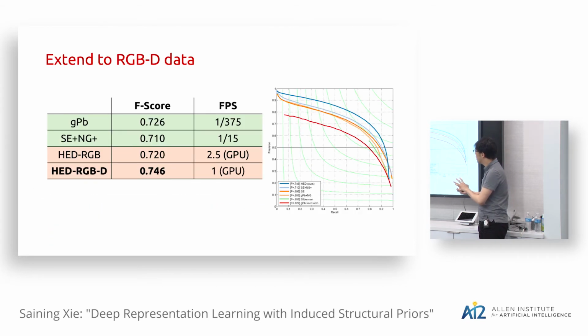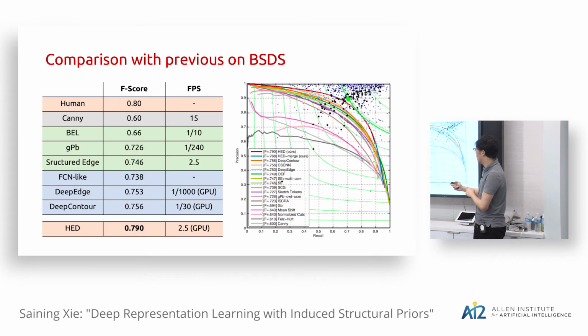But basically, the number here, this structured edge number, is actually after combining multiple scales. And also all the deep learning based models are so slow partly because they are running on multiscale inputs. So basically most of the methods here are already considering multiscale.